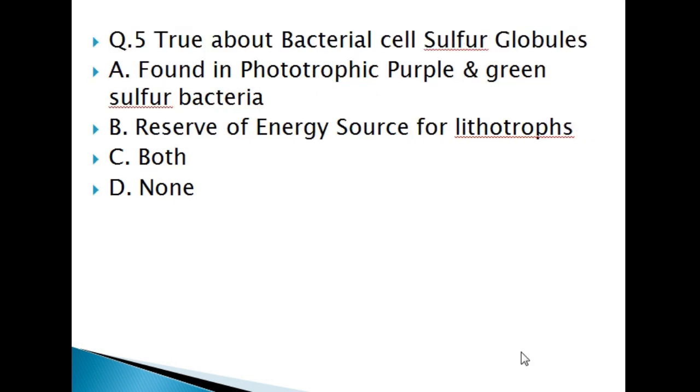Question number 5: true about bacterial cell sulfur globules: A. found in phototrophic purple and green sulfur bacteria, B. a reserve of energy source for lithotrophs, C. both are correct, and D. none are correct. I already discussed the answers to all of these questions in the lecture.